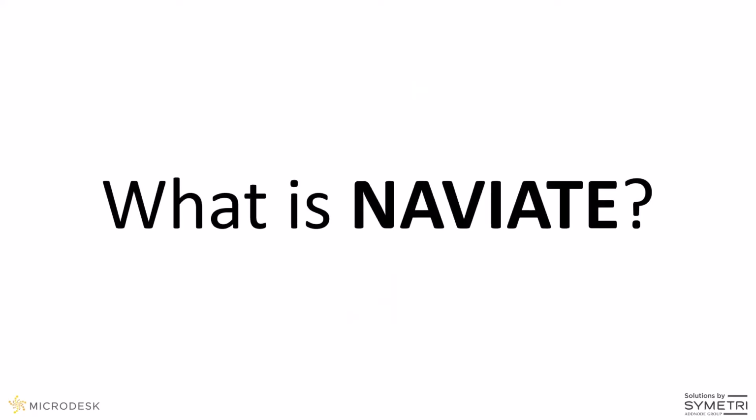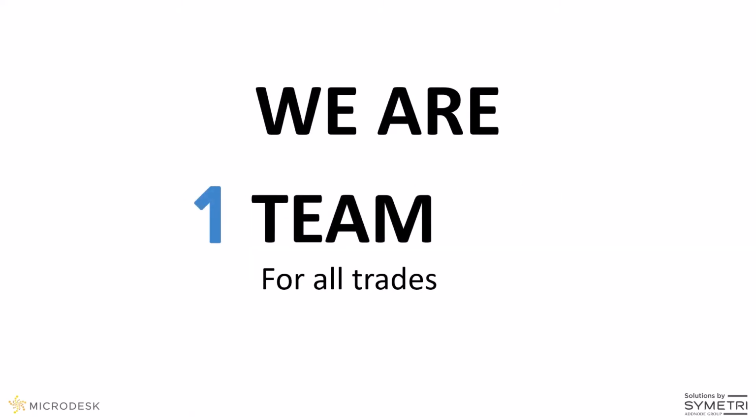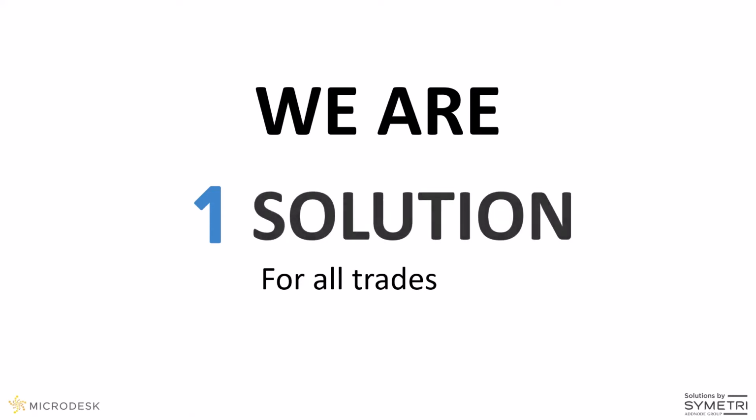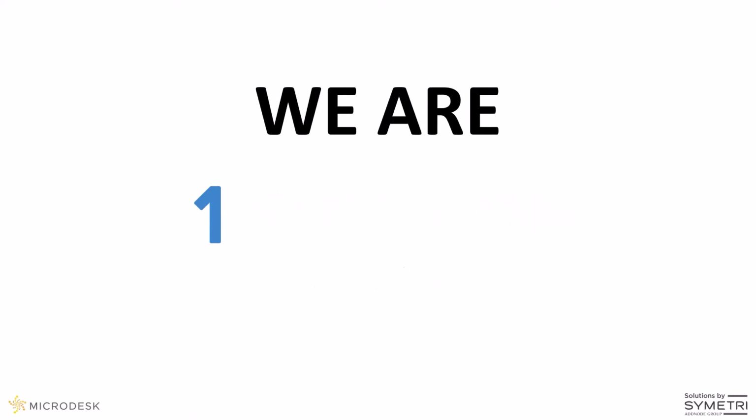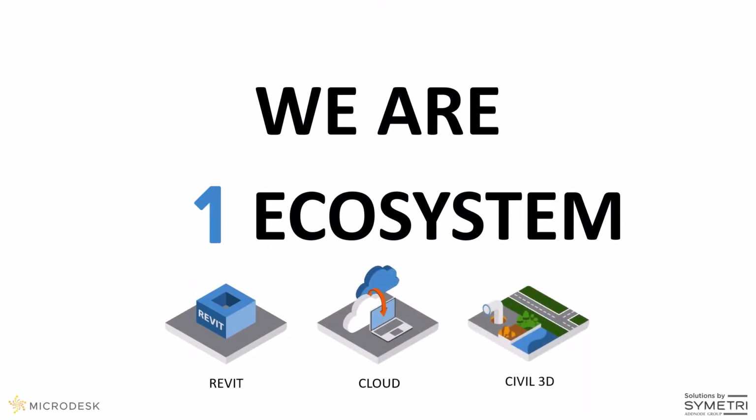So to get us started, I just want to talk about what Naviate is. This is for those of you who are new to Naviate, who have never heard of it, who haven't used any of the products, or are just getting started. Today I'm going to show you Naviate Architecture, but we're more than just one product. We are an entire product line for all trades, one team that you can work with, one solution to streamline all of your workflows, and really one entire ecosystem for your Autodesk products.